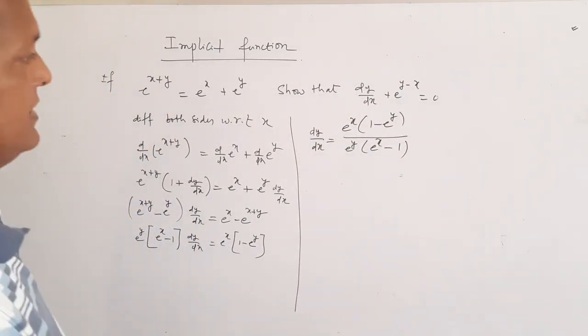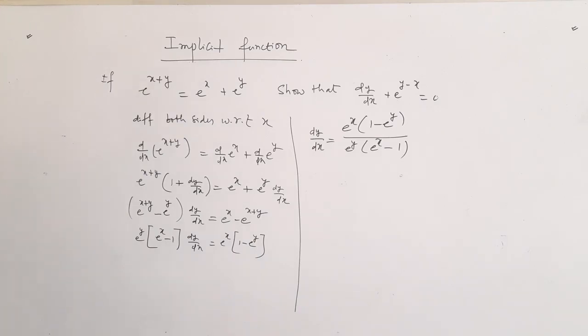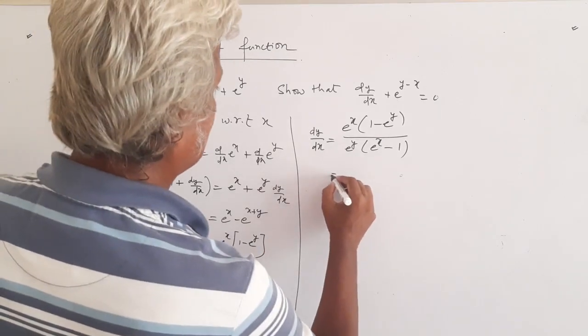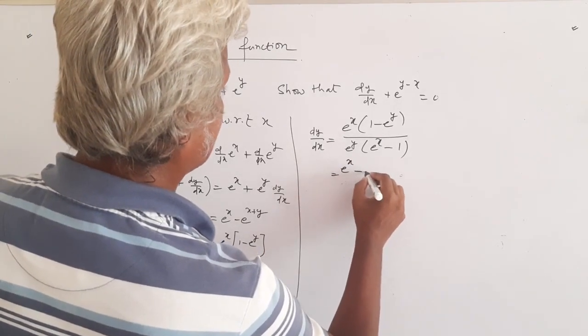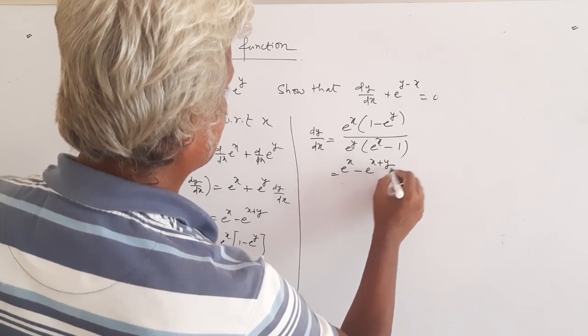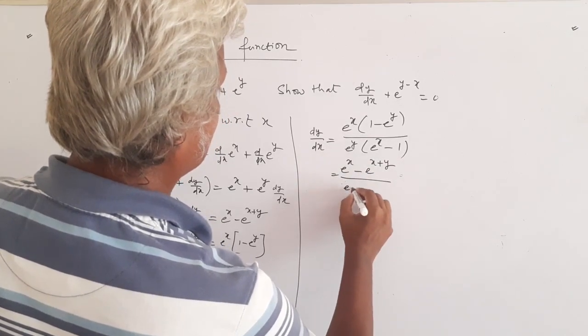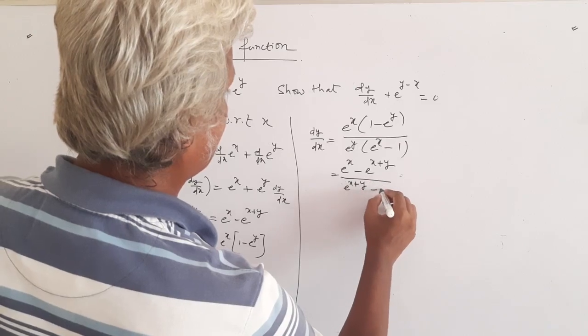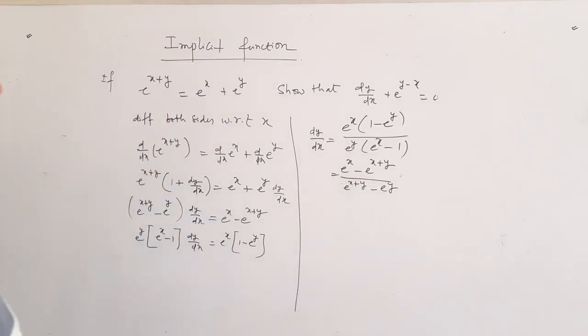Now if I just try to write this as e to the power x minus e to the power x plus y upon e to the power x plus y minus e to the power y. Just dissolve the bracket.